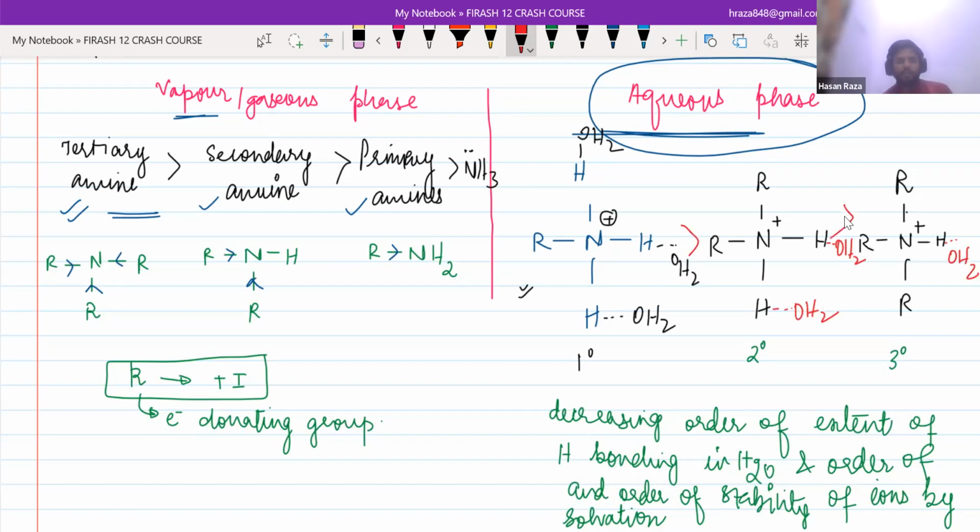In previous classes or chapters, you have studied that the base which has a stable conjugate acid will be more basic. Have you studied this? Acid, base, conjugate base.